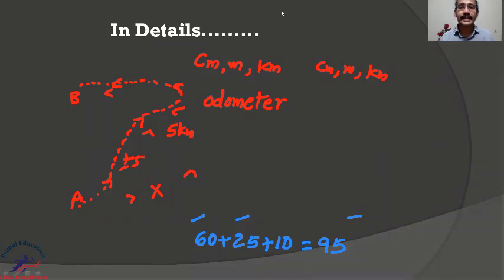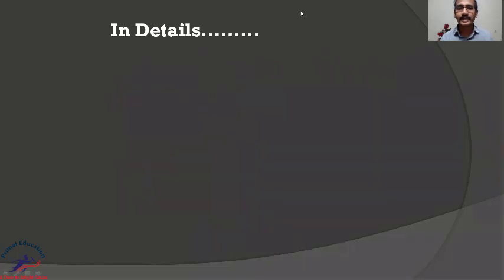Now we can see some other points, in detail. For example, this is point A, where an object starts, and it reaches point B. This is 5 kilometers.